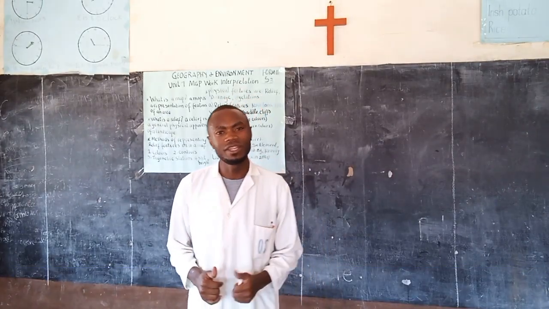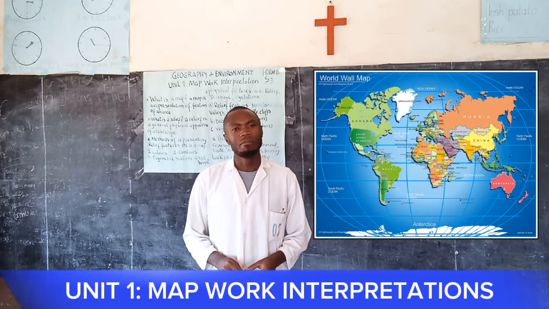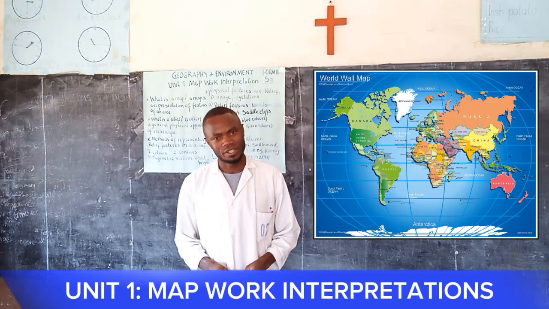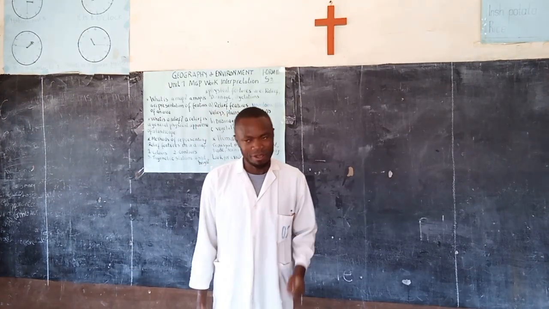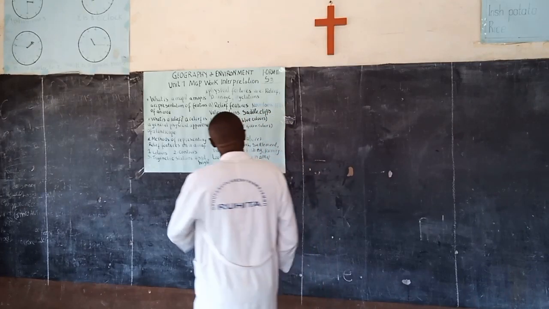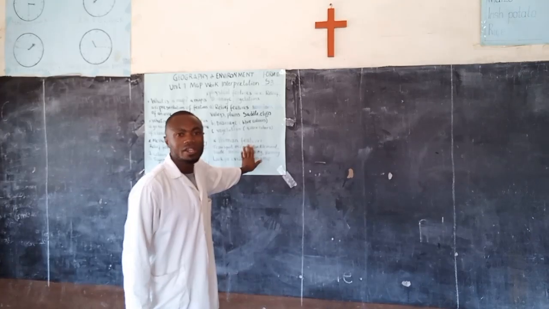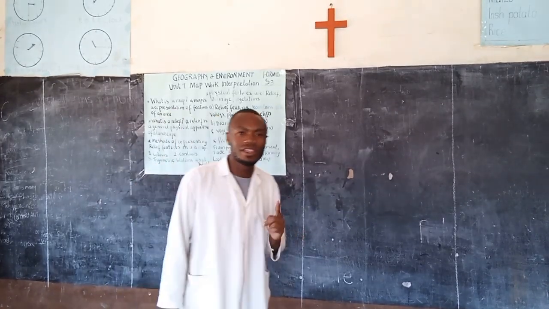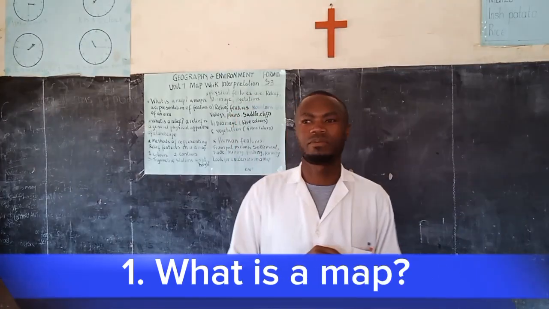We are going to be on Unit number 1, which is called Map Work Interpretations. On this unit, we are going to see four things. First, what is a map?